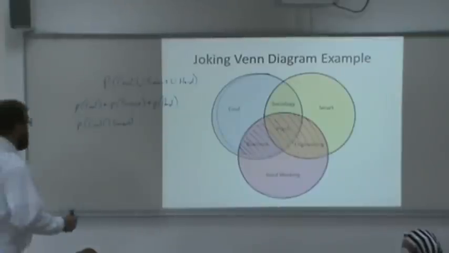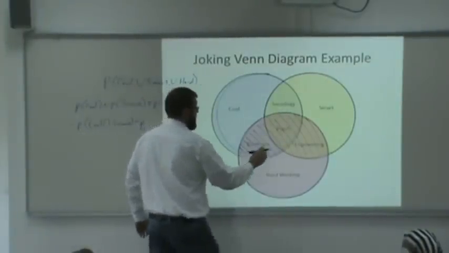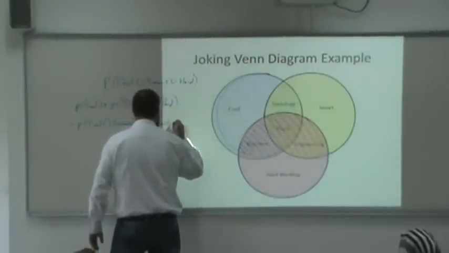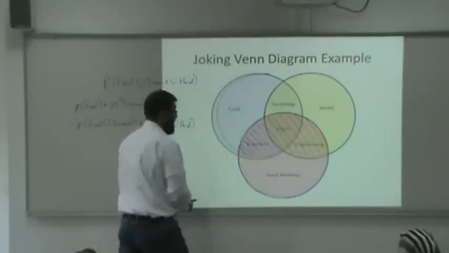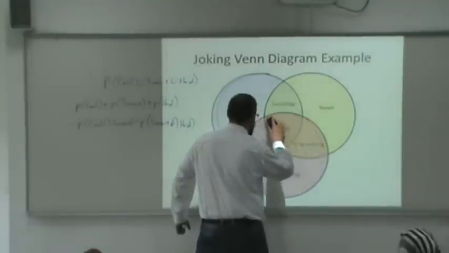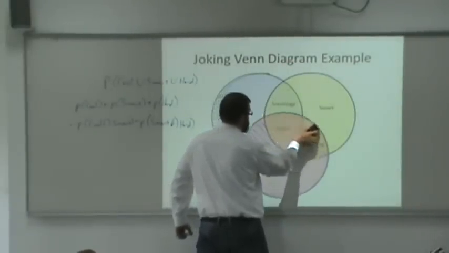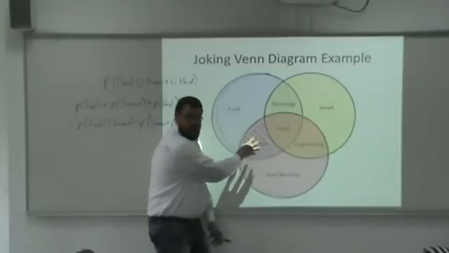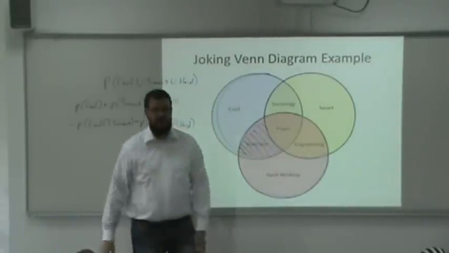So, one thing that we can do is subtract out the probability of smart intersection hard. And if we do that, we'll only have overlap right here.